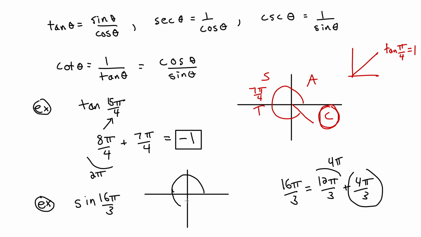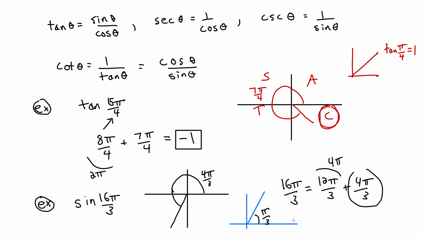So 4 pi over 3 is about here somewhere, down here. 4 pi over 3. But again, I'm just going to use quadrant 1 to figure out what sine of pi over 3 is, and then I'll use all students take calculus to figure out what the sign, S-I-G-N, of that angle should be.